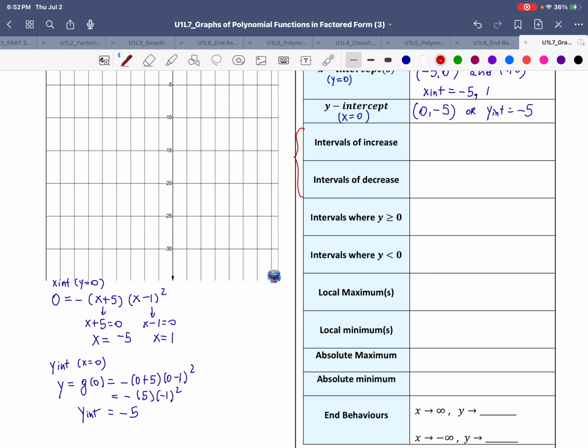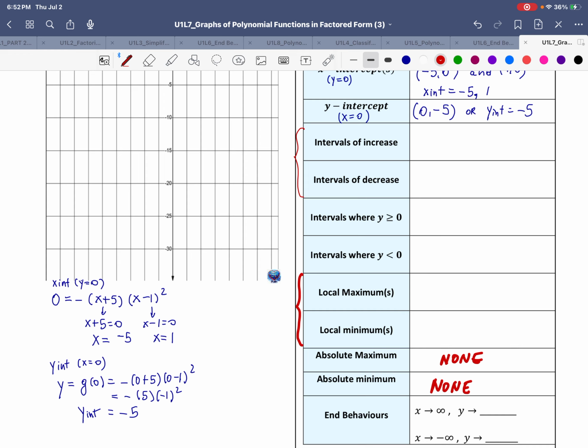So the absolute maximum will be none then. Since we're here, let's clarify this as well. And there will be no absolute minimum either. We are going to determine intervals of increase and decrease once we determine the local min and max.